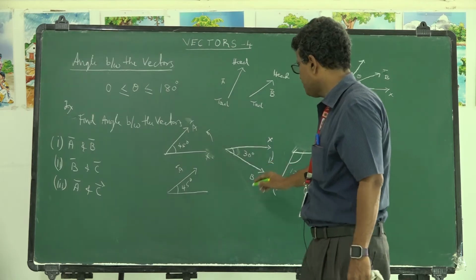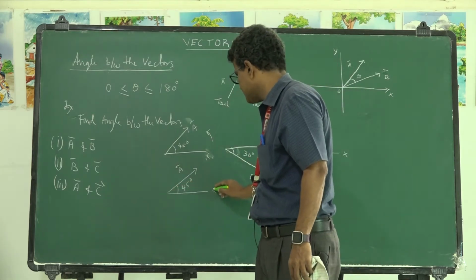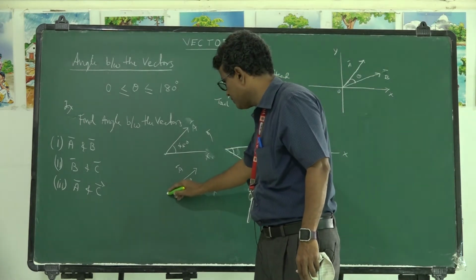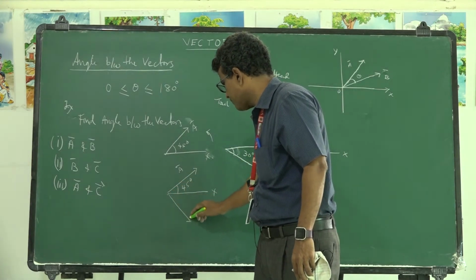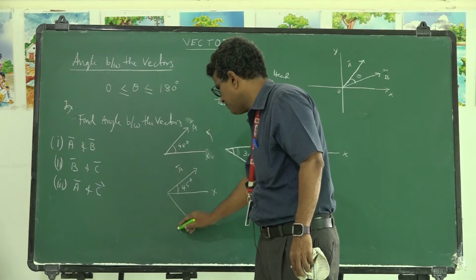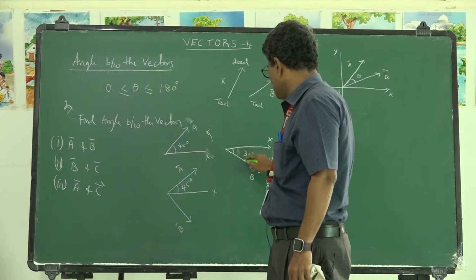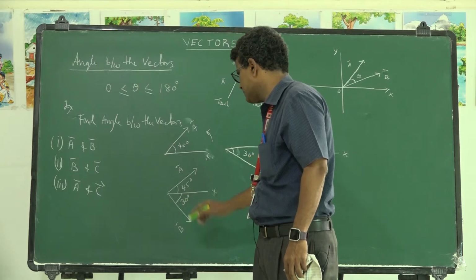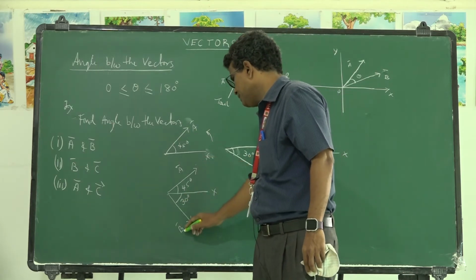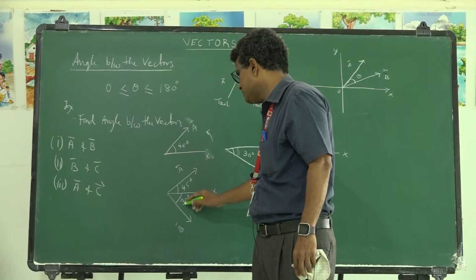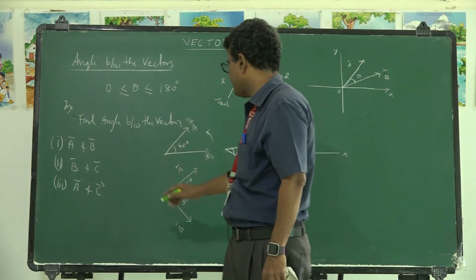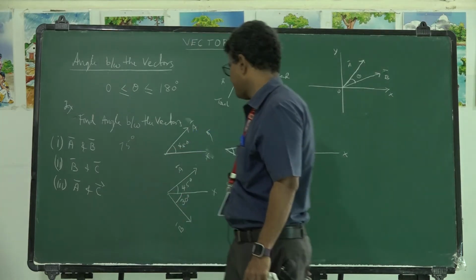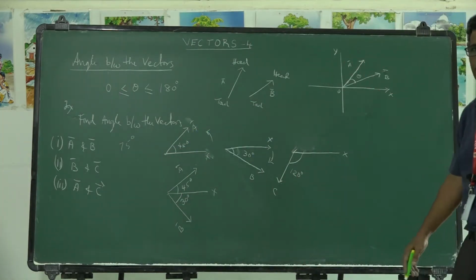Now the second vector B bar: you join the tail of the second vector with the tail of the first vector. This is vector B bar, which makes an angle of 30 degrees with the x-axis. So, what is the angle between A bar and B bar? The answer is 30 plus 45, so the answer is 75 degrees.